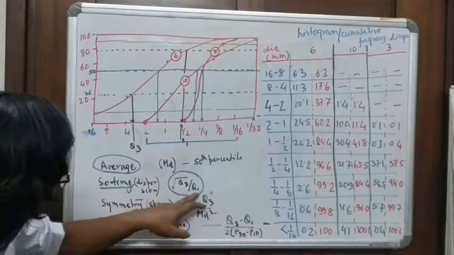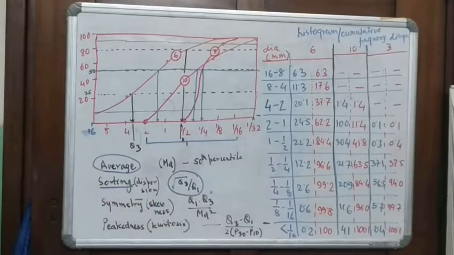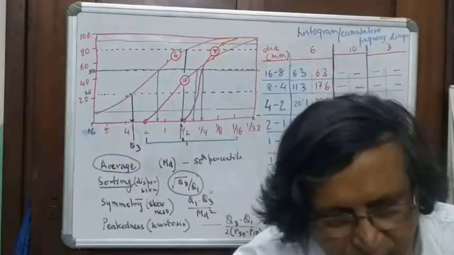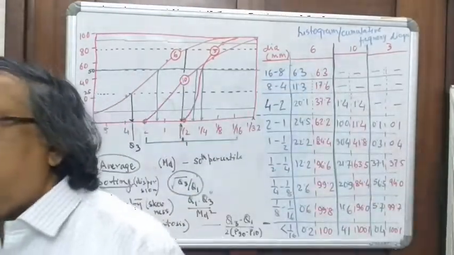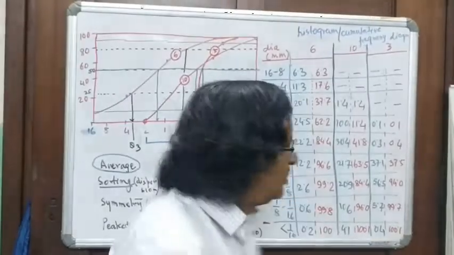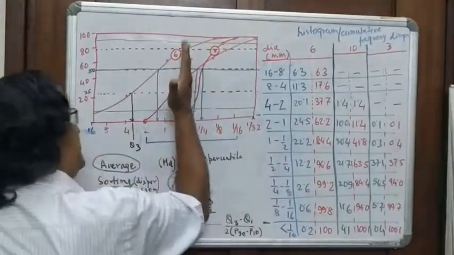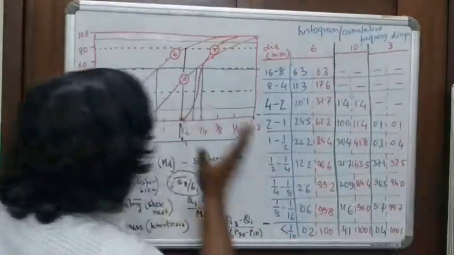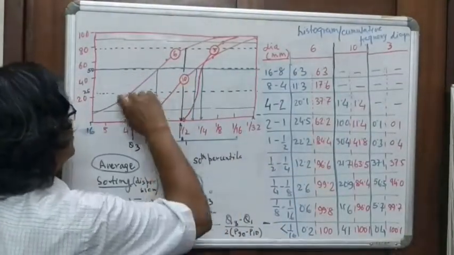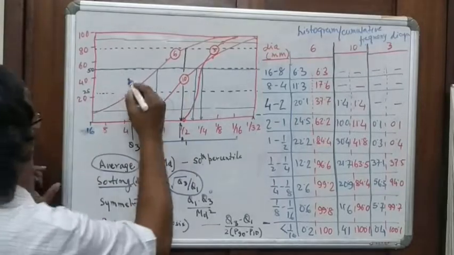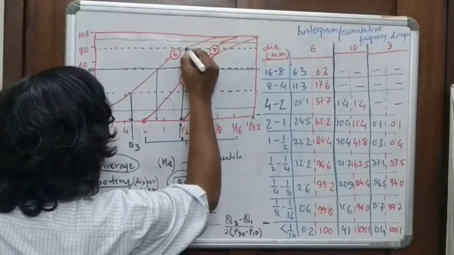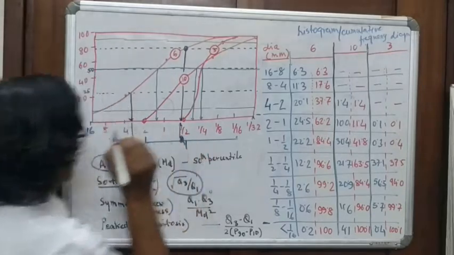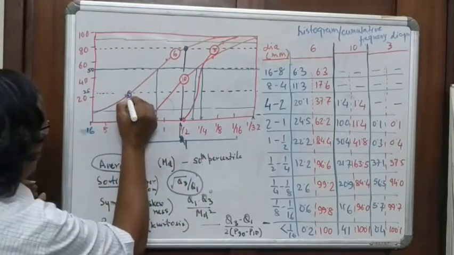So Q3 by Q1. Now you see here, if Q3 and Q1 are the same, means what? These curves have to be straight. Yes or no? Here you see in this curve, say for example curve number 3, this is the value of Q1 and this is the value of Q3.